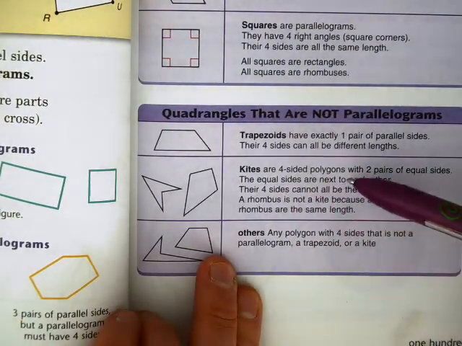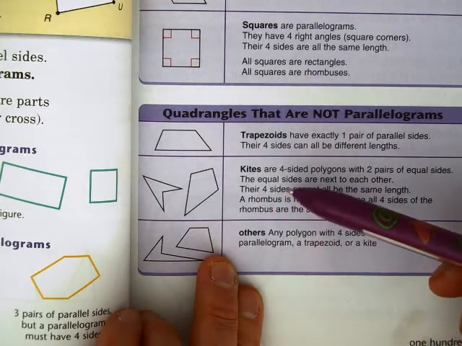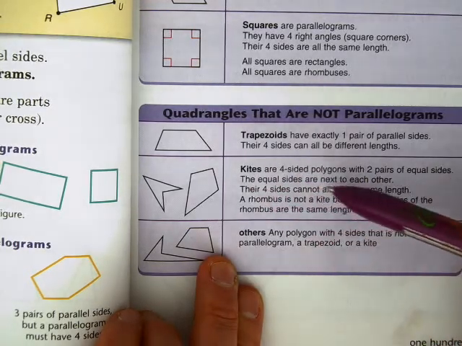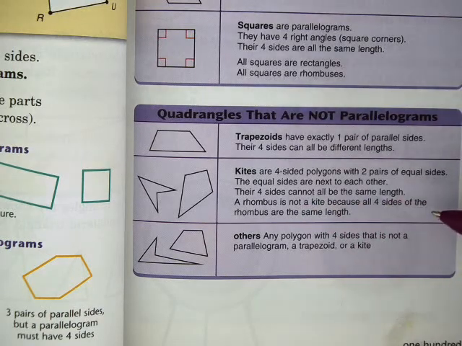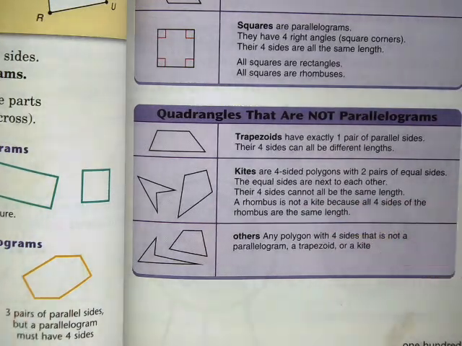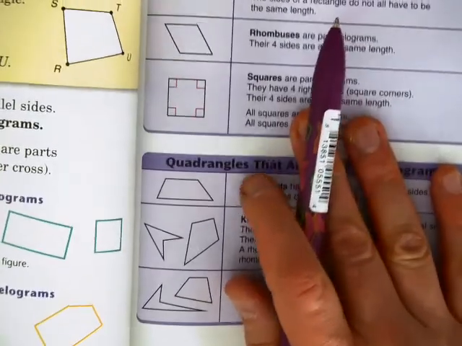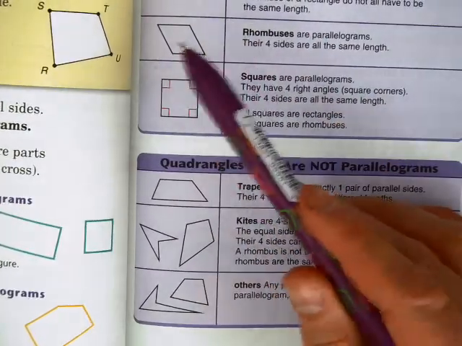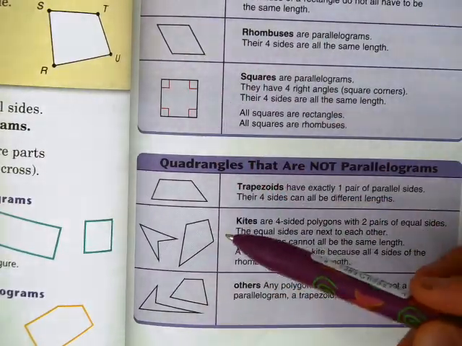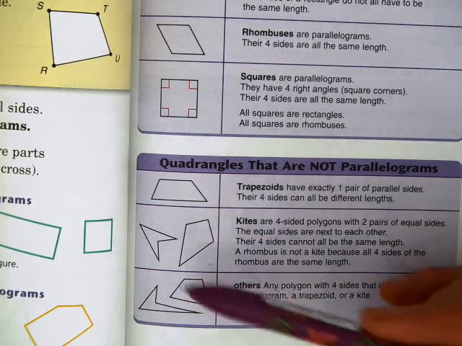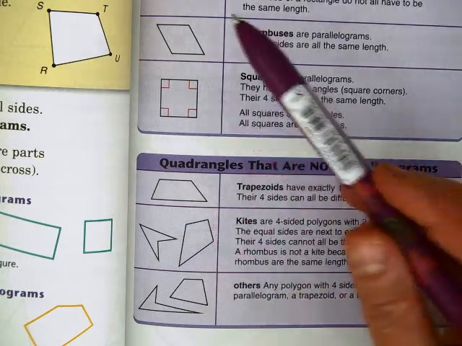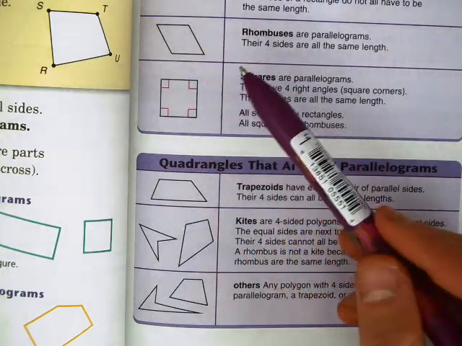The equal sides are next to each other, and their 4 sides cannot all be the same length. So a rhombus is not a kite because all 4 sides of the rhombus are the same length. There's an example of a rhombus up here for you to see. You see 2 sides of the kite are equal length, and the other two sides are equal length, but they're different lengths from each other, whereas in a rhombus, all four sides are an equal length.